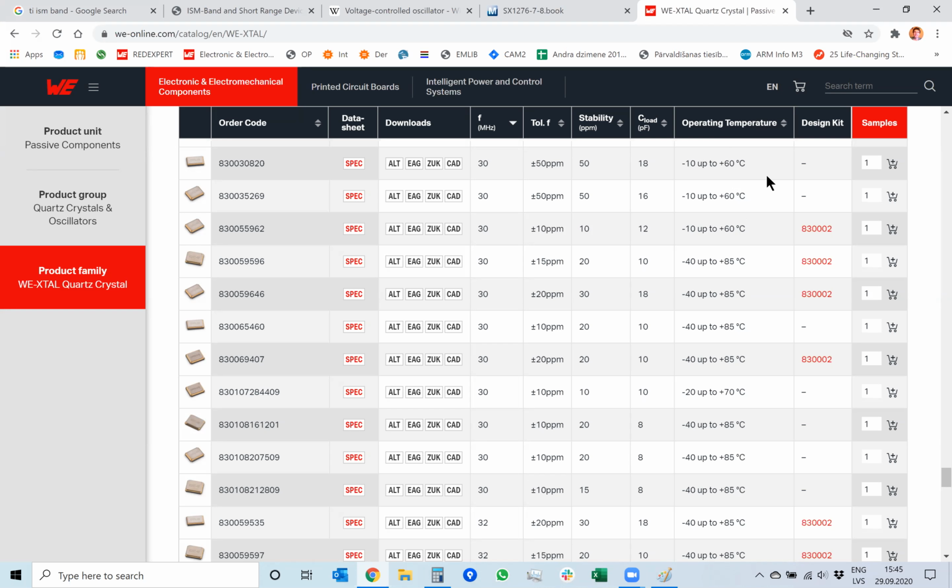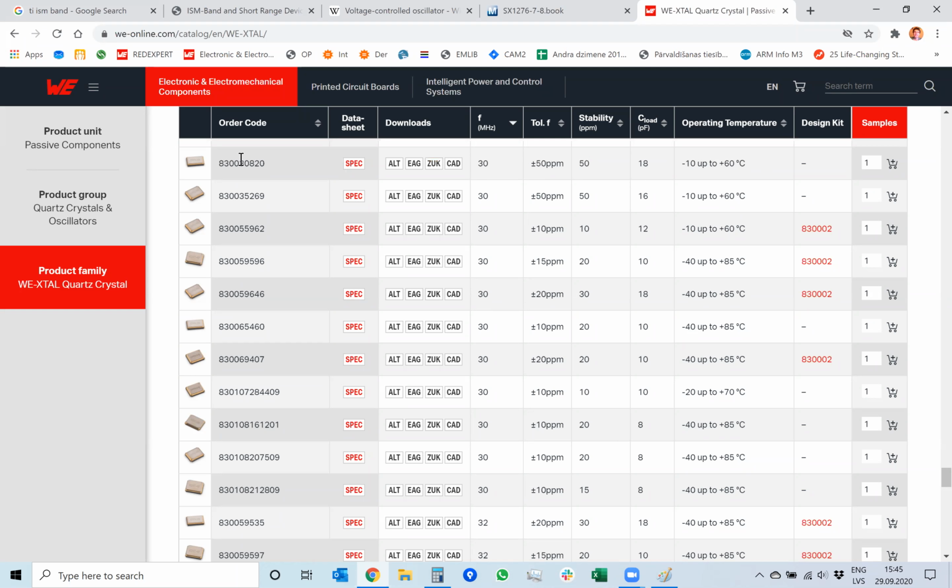In general, all of these crystals would work up to their melting temperature and down to absolute zero. It's just that these properties, tolerance and stability, are only guaranteed within this given temperature range.